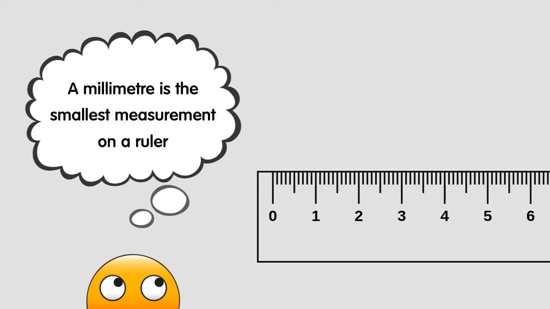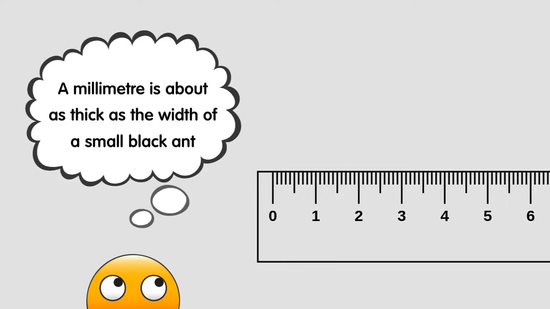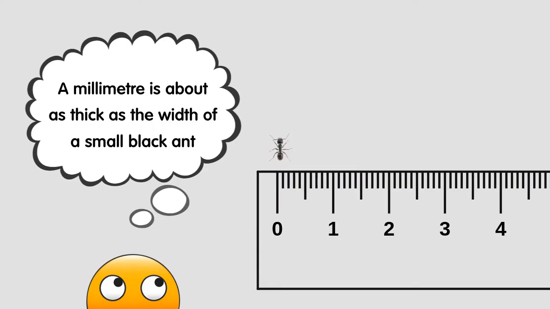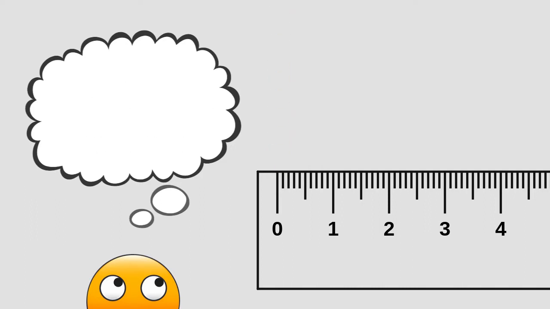A millimeter is the smallest measurement on a ruler. A millimeter is about as thick as the width of a small black ant, or the tip of a pencil.